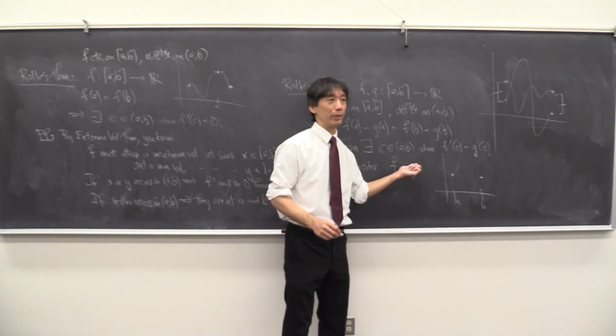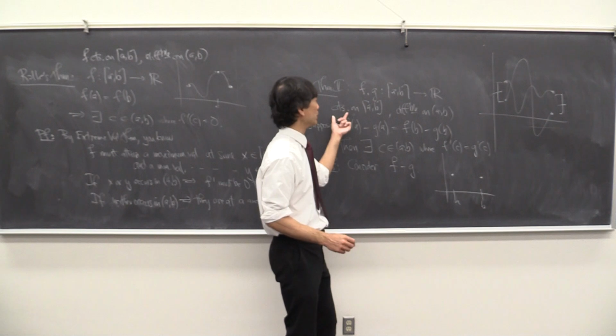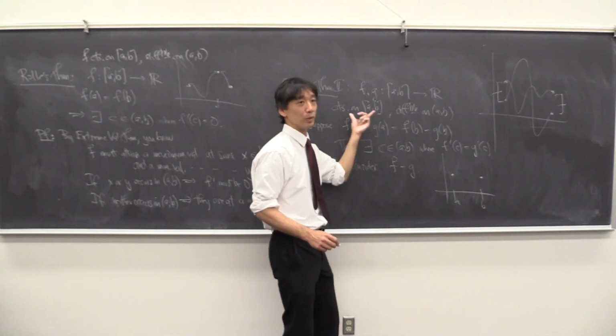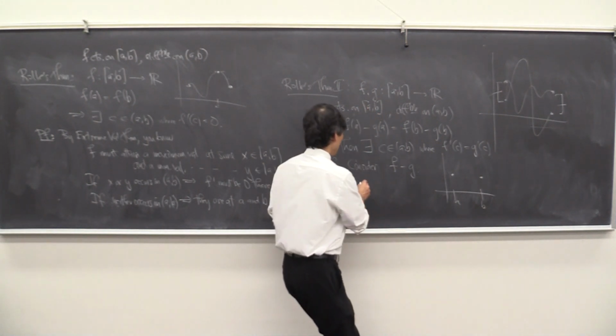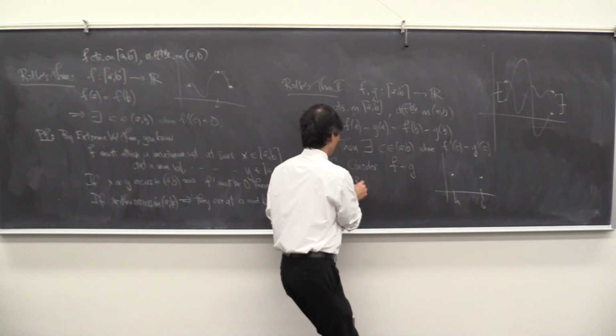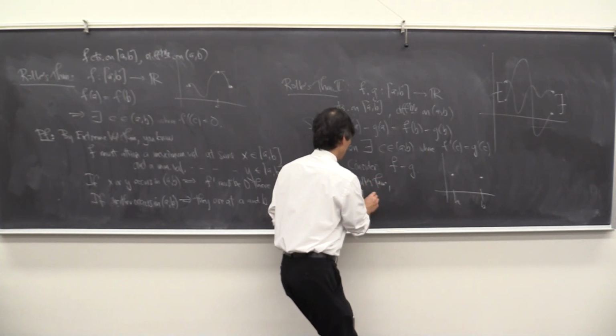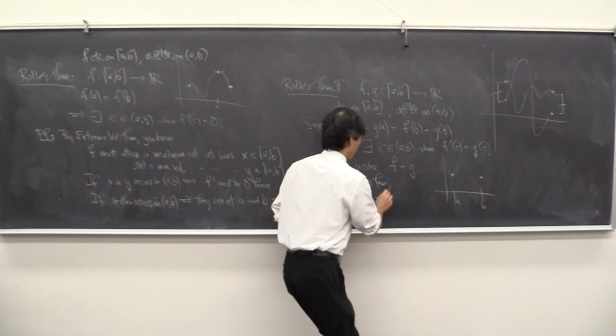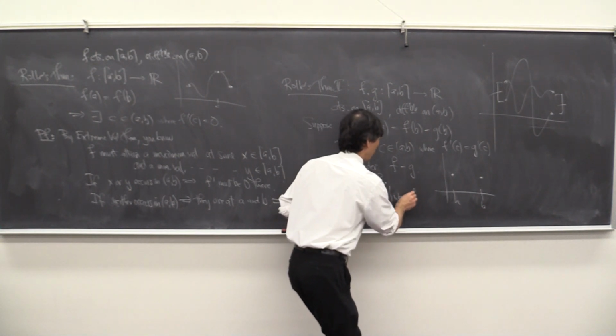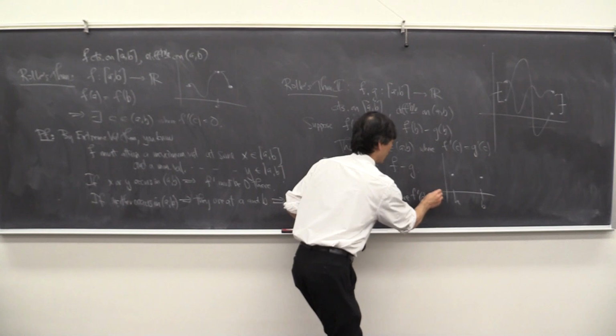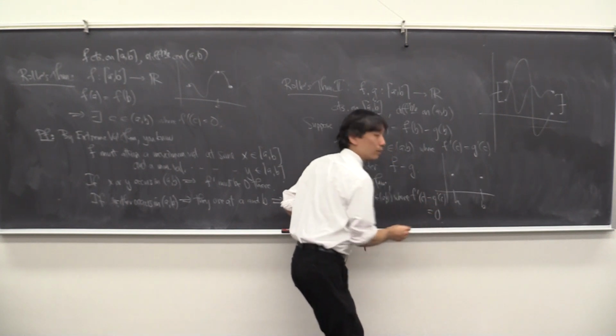So apply Rolle's theorem to it. The difference function is as smooth as we want it to be. So by Rolle's theorem, there exists a c where f prime minus g prime is 0.